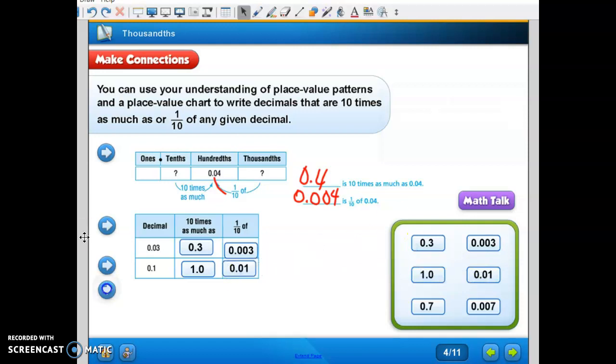Okay. Now we have 7 hundredths. So what is 10 times as much as 7 hundredths? 7/10. And what is 1/10 of 7 hundredths? 7 thousandths.